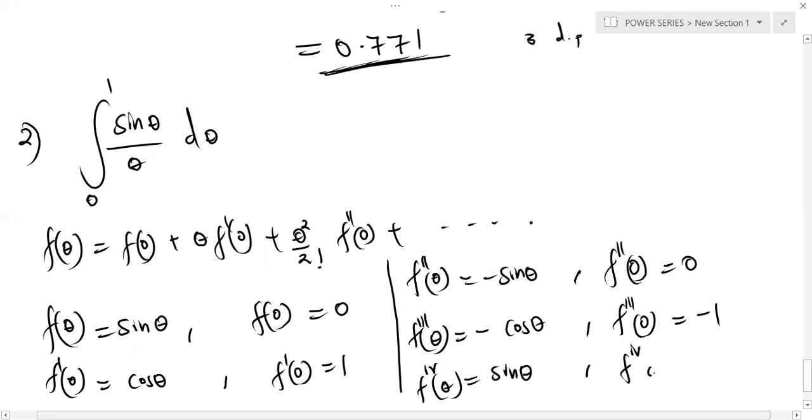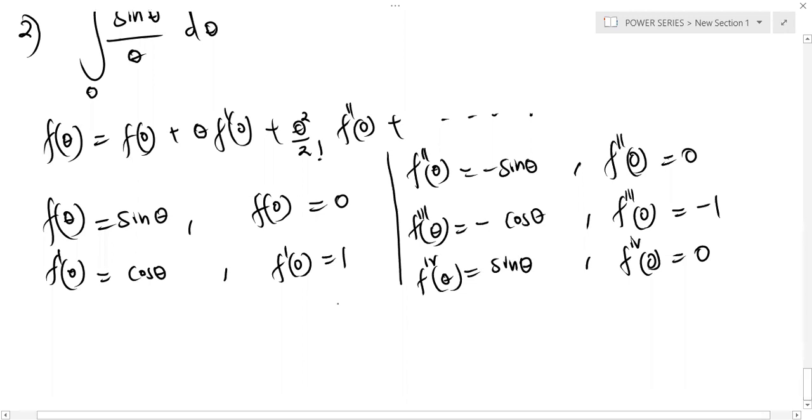So our f fourth prime of 0 will obviously be 0. Let's get the fifth term, so at least we have 3 terms. Evaluating f fifth prime of theta, we will get cos theta. So f fifth prime of 0 will give us 1.